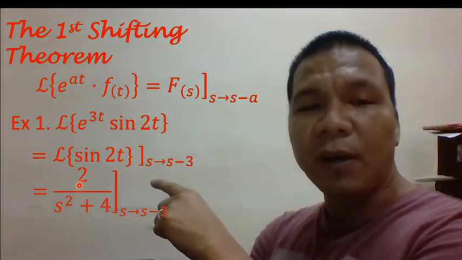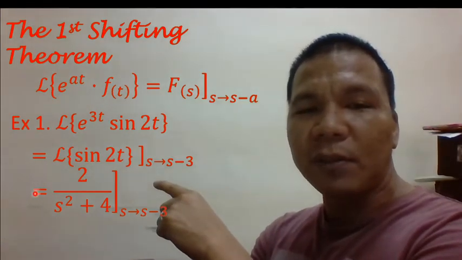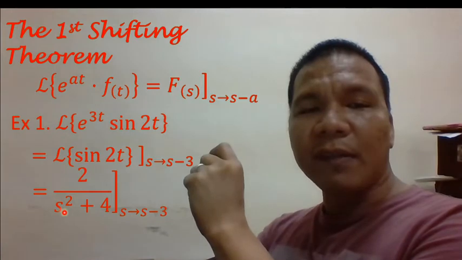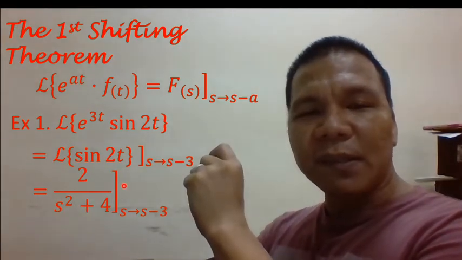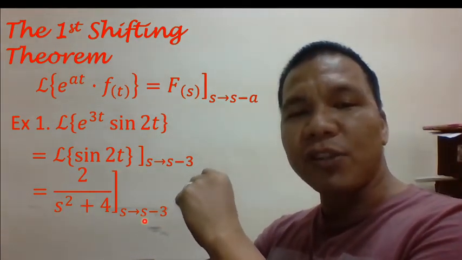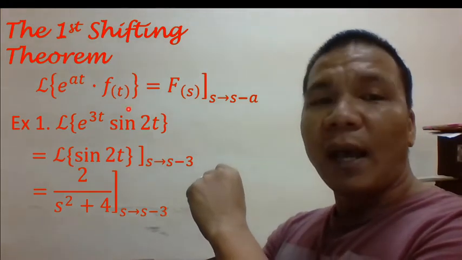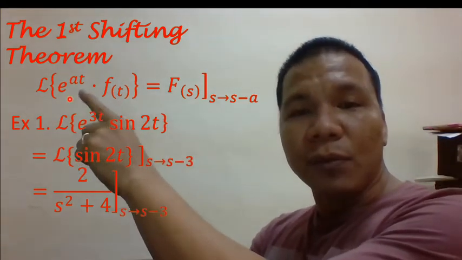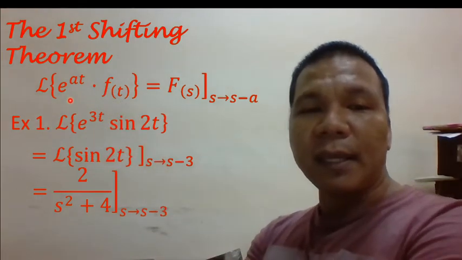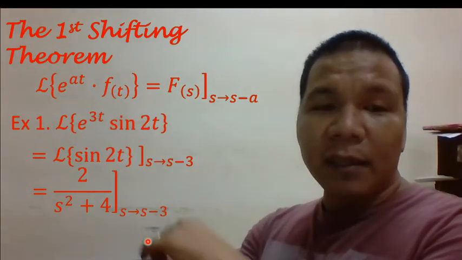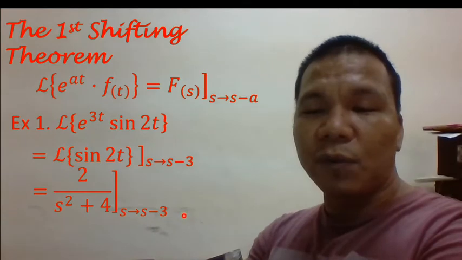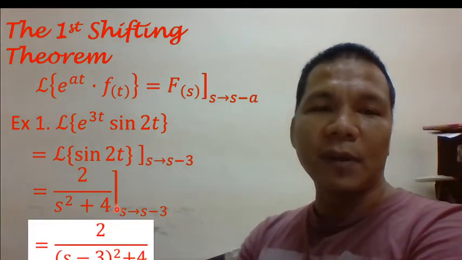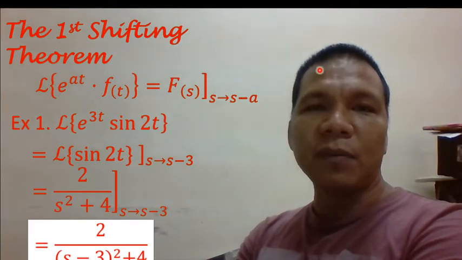If you can still recall, the Laplace transform of sine 2t is just 2 all over s squared plus 4. But in this case, we are going to change s to s minus 3, as indicated by your e raised to at. After changing s to s minus 3, you will have this result. So the final answer would be what?